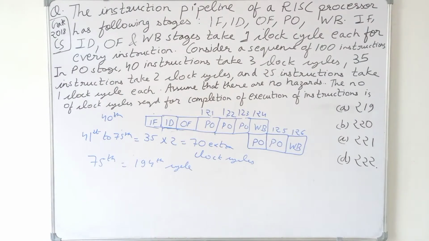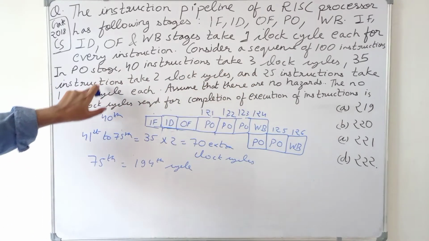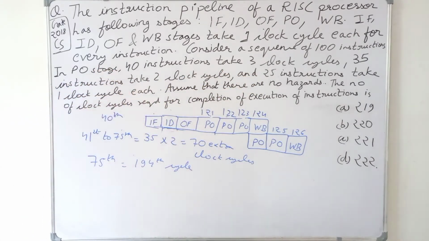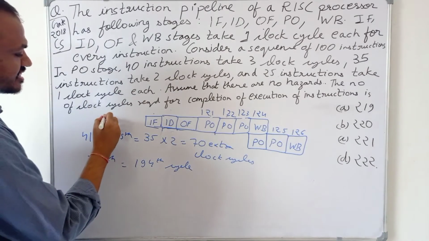Now after the 75th instruction, the next 25 instructions take 1 clock cycle each for the PO stage. Let me draw this for the 75th instruction.